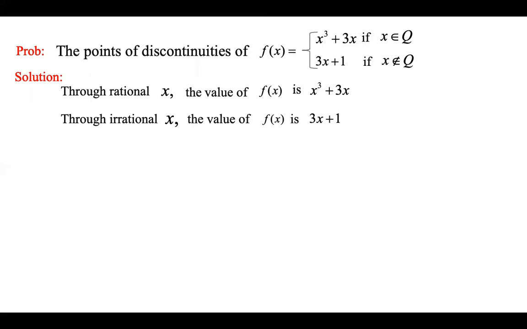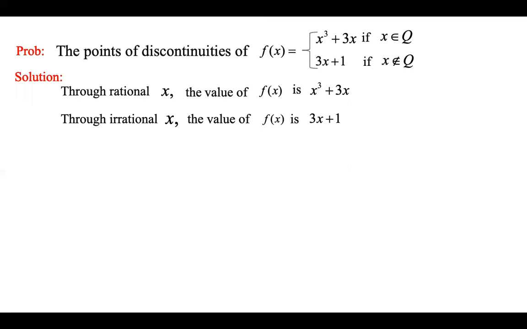Between x cube plus 3x values and 3x plus 1 values, there is a lot of difference, because you know that in every neighborhood of a rational number, there are so many irrationals. Therefore, even at very close neighboring numbers, at one number it takes x cube plus 3x, at another it takes 3x plus 1. So even though the points are very close, the function values differ a lot. Therefore, at almost every point it is discontinuous.